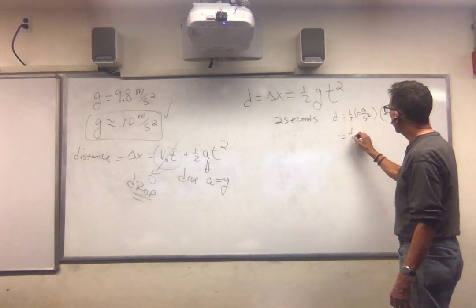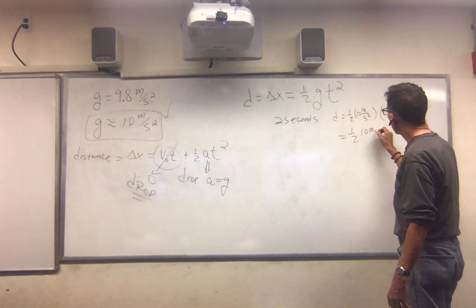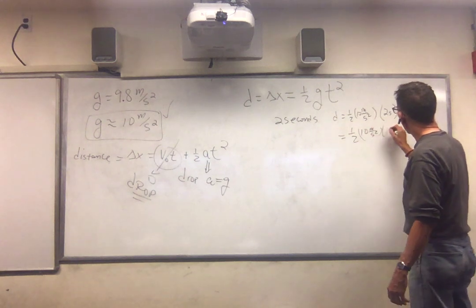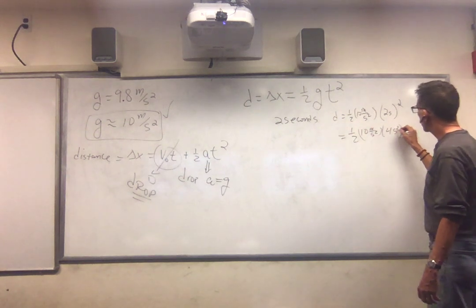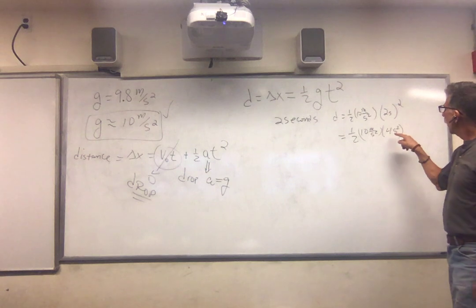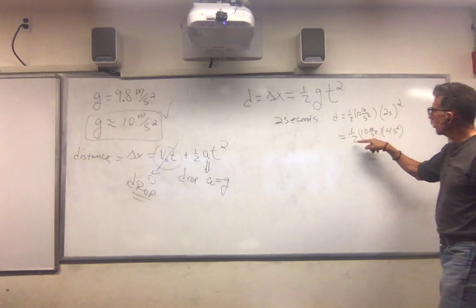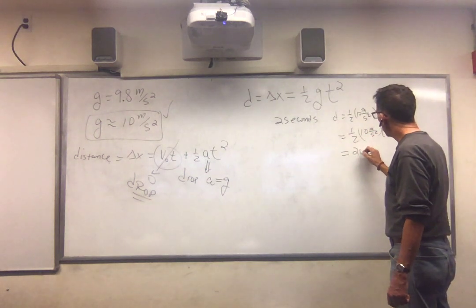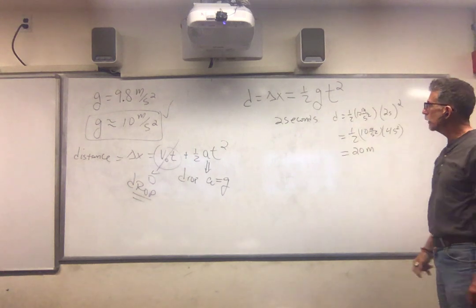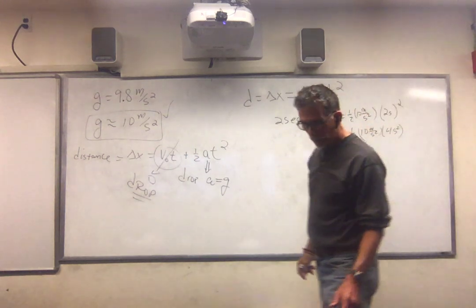So we have 1/2 times 10 meters per second squared times 4 seconds squared. So we get 4 times 10 is 40, divided by 2 is 20 meters. Fantastic. Next one.